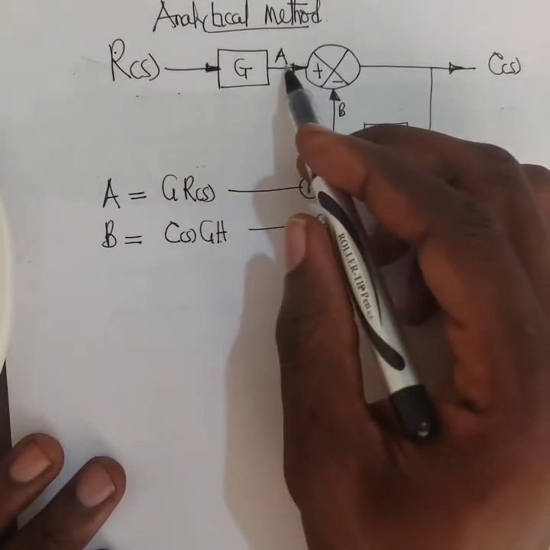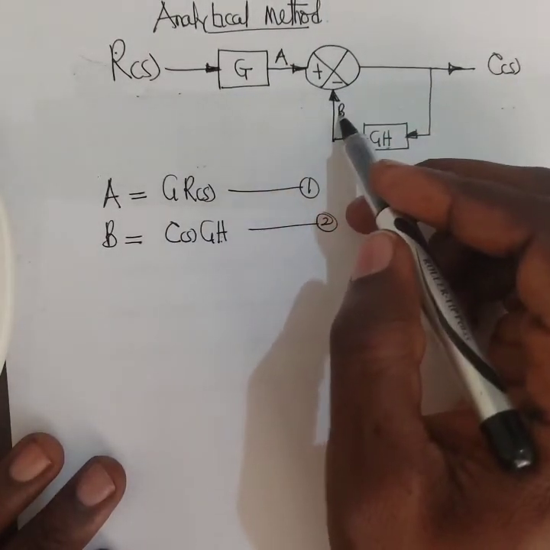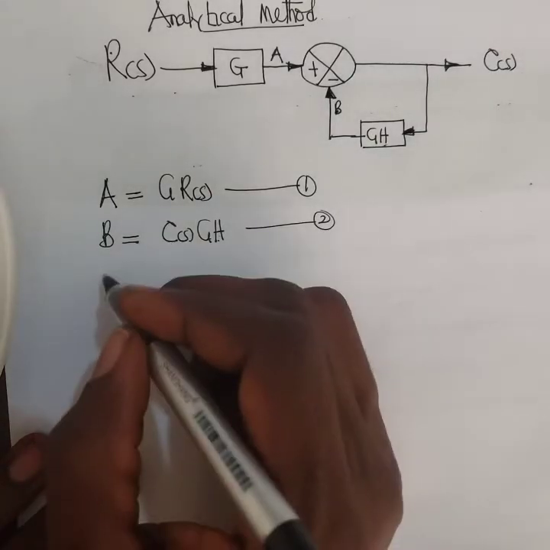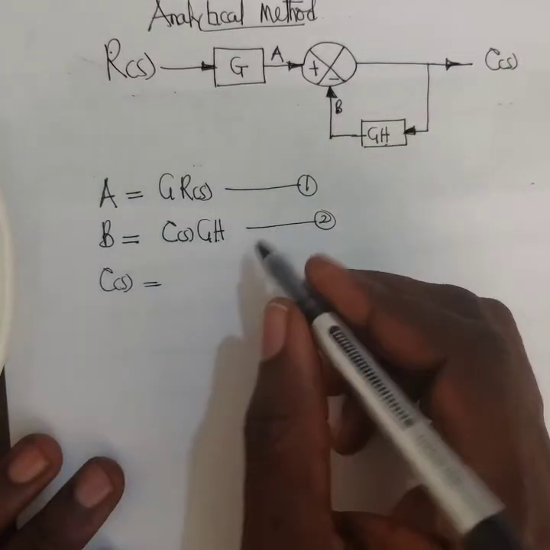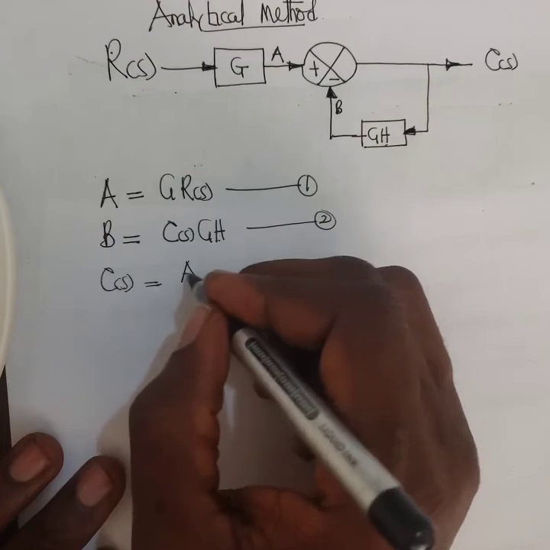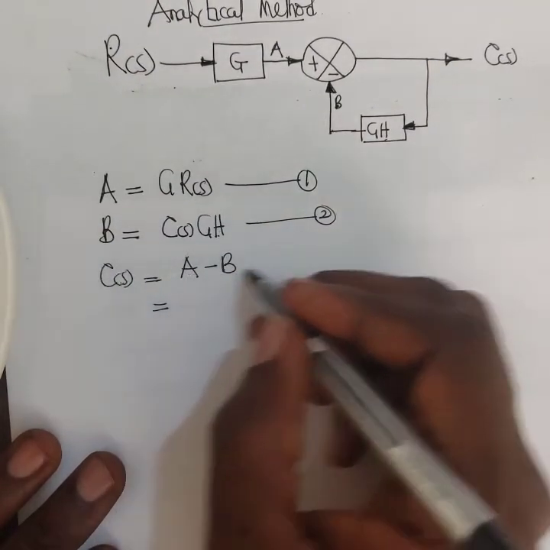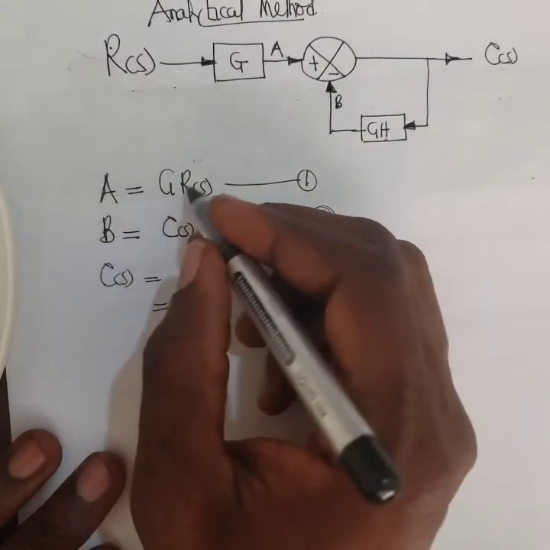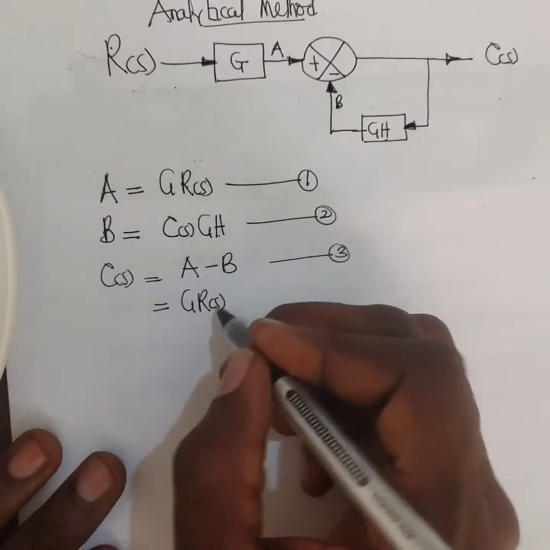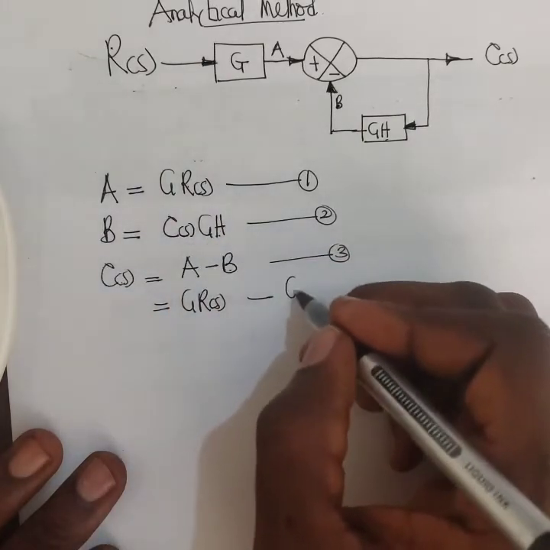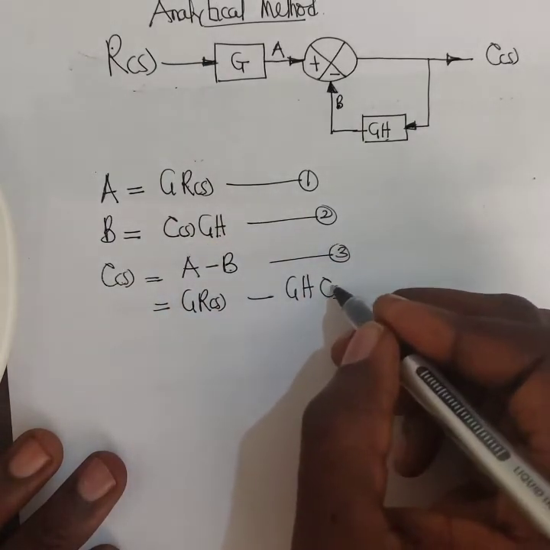Now for me to have plus A minus B giving me my output signal CS, I can say CS is equal to A minus B. And what is my A? My A is GRS. Minus, what is my B? GHCS.